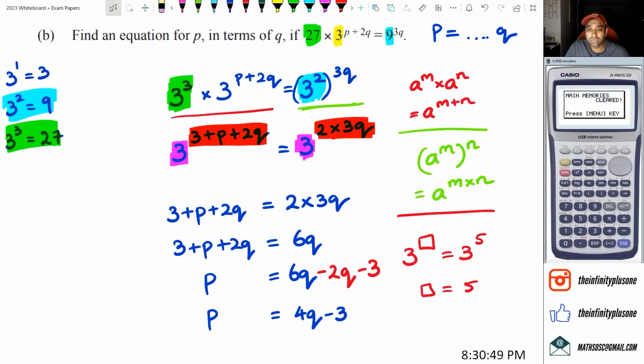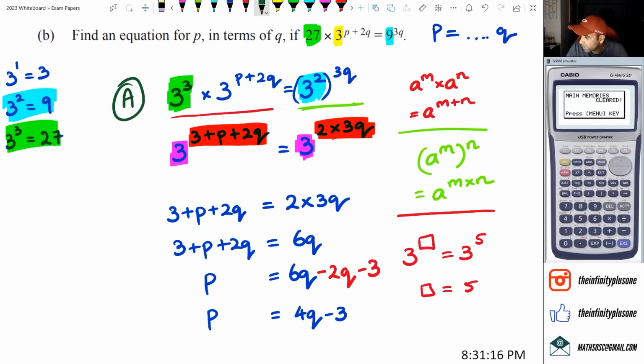I think the easiest part of this question is that all the clues are given to you, because you're given those numbers 27, 3, and 9, and straight away you should go, oh, 27, 3, and 9. I have to rewrite everything as powers of 3. So with the grades, you're looking at that first line as achieved. Simplification of powers of 3 on both sides.